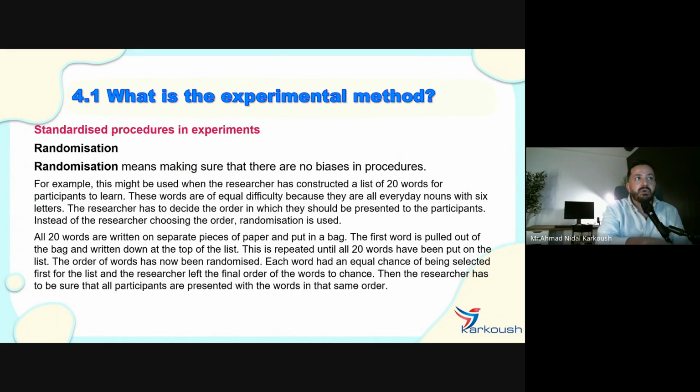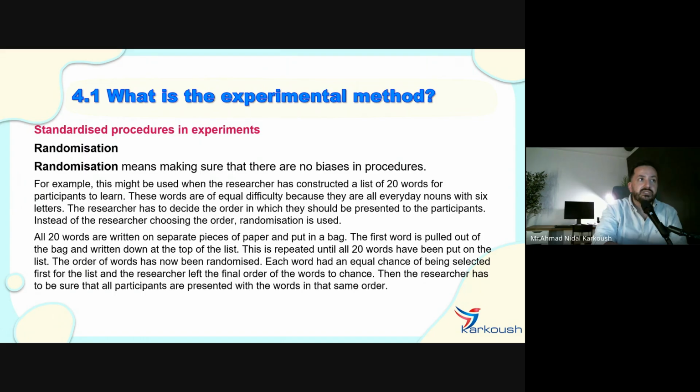For example, this might be used when the researcher has constructed a list of 20 words for the participants to learn. These words are of equal difficulty because they are all everyday nouns with 6 letters. Now, the researcher has to decide the order in which they should be presented to the participants. Instead of the researcher choosing the order, randomization is used so that the choice of the researcher doesn't affect the study.